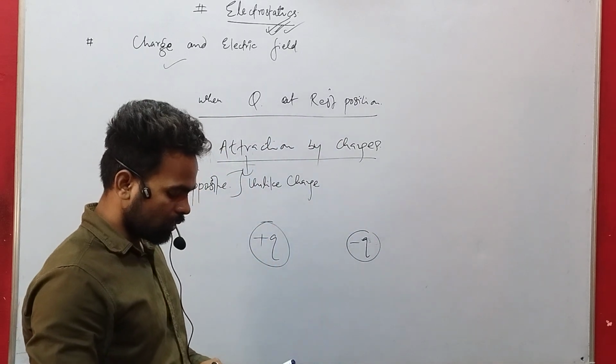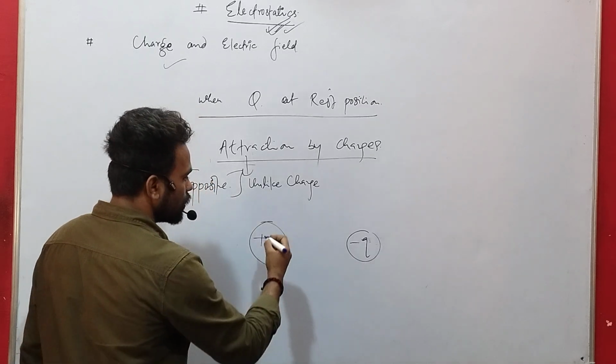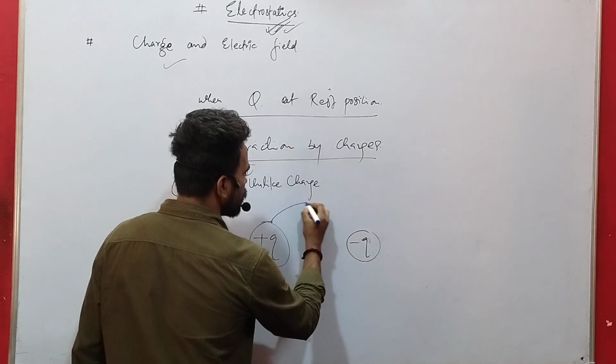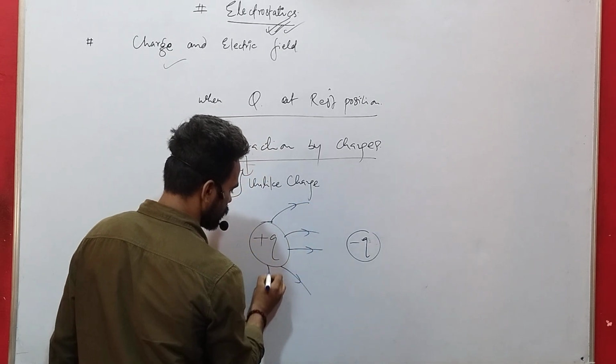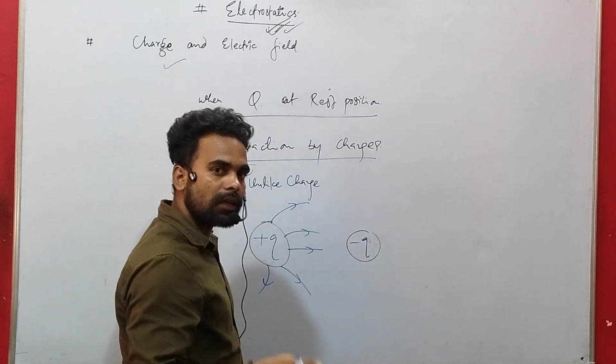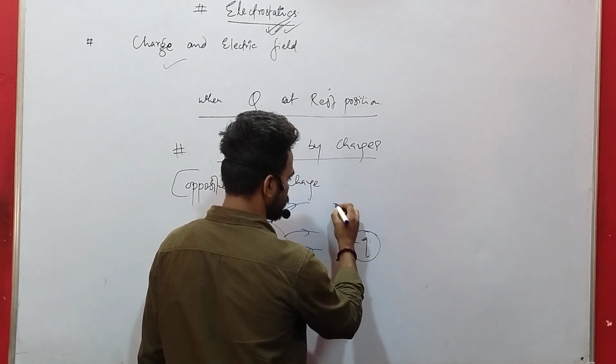Now here, create an electric field. In positive charges, the direction of the electric field is outward, and the direction of the electric field in negative charges is inward.